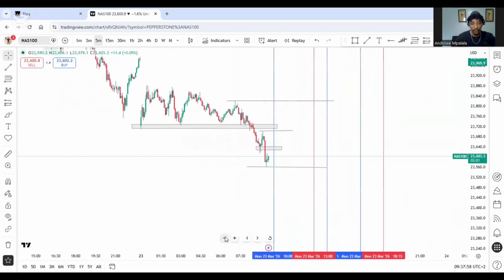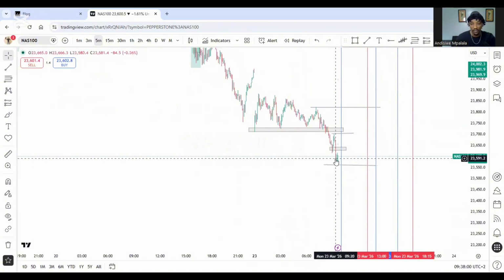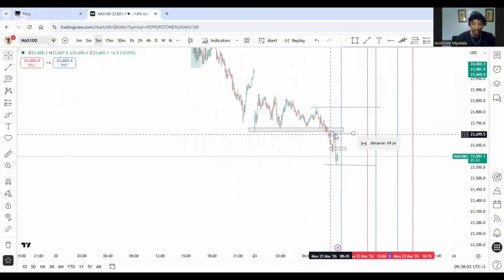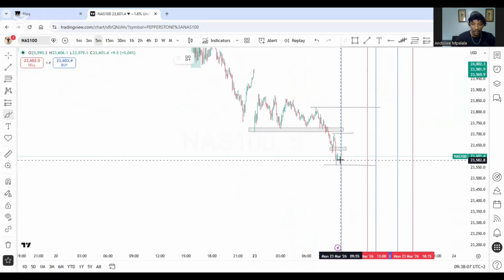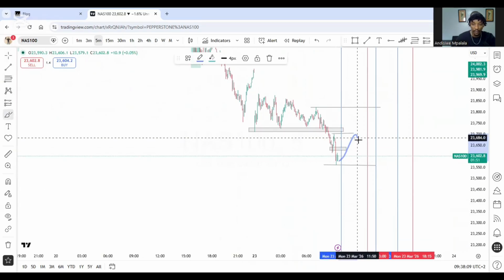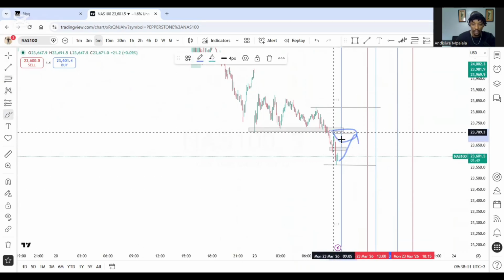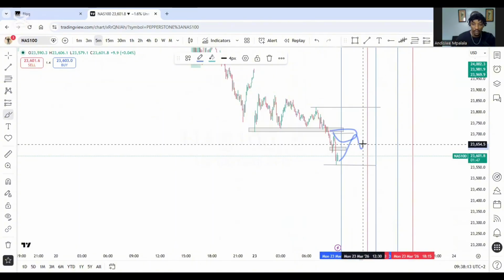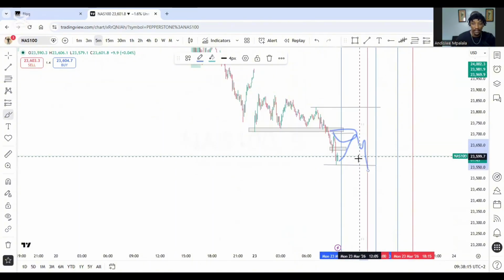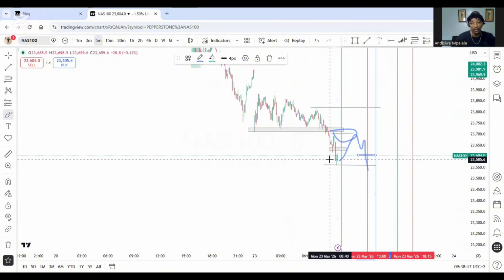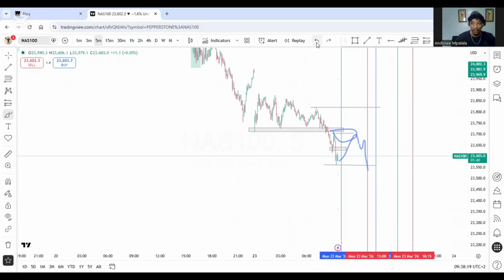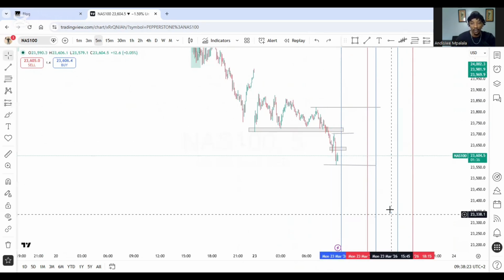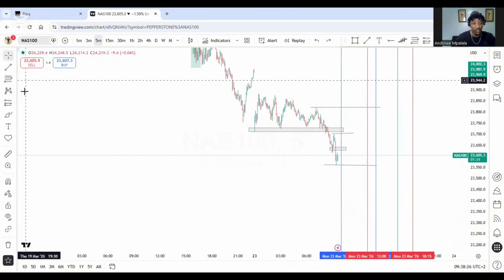Like I said, I would love for this market to come back up, create equal highs over there, pause a little bit, go up, and then come down. Then I will probably sell it around here. Depending on how the market and the structure are looking, we are going to be selling. Price could change.